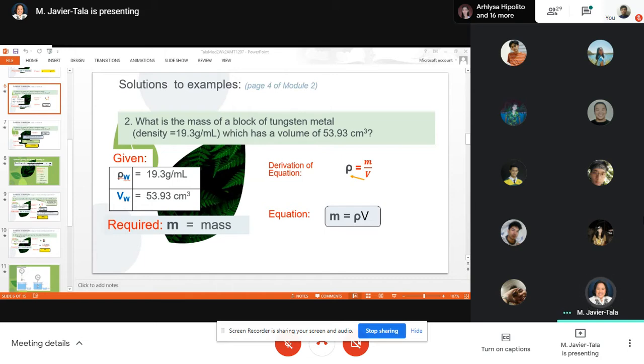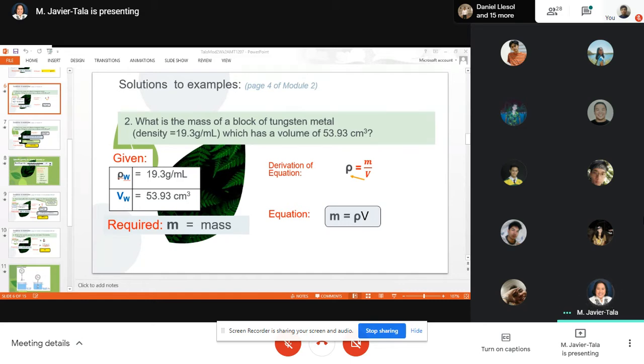You are required to solve for the mass. So it is reversed.